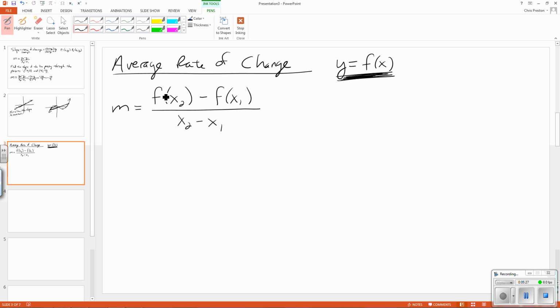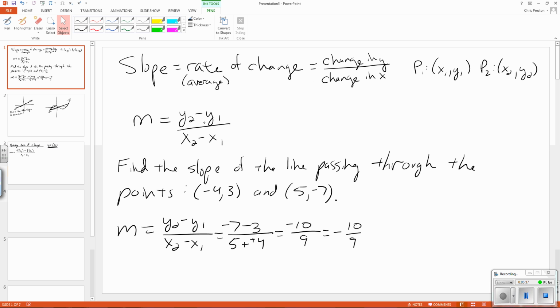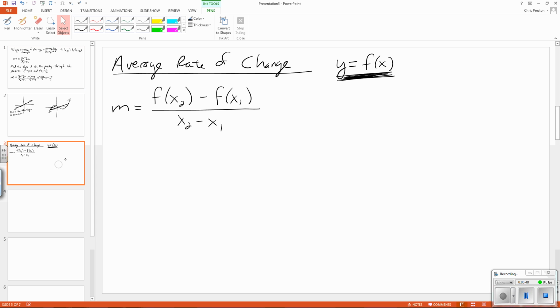So this is really saying the y value for the second x and the y value for the first x. Well, that's exactly what we did here. y2 is the y value for the second x, and y1 is the y value for the first x. So the average rate of change is just slope, that's all it is. But you need 2 points to do it.